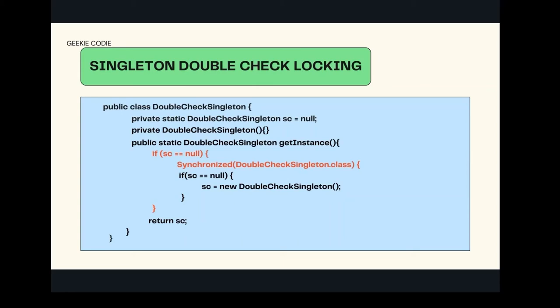That condition fails, and from now onwards all the threads calling getInstance don't need to synchronize and get the lock, because the first if condition fails. That's how we increase performance with this double check locking technique.